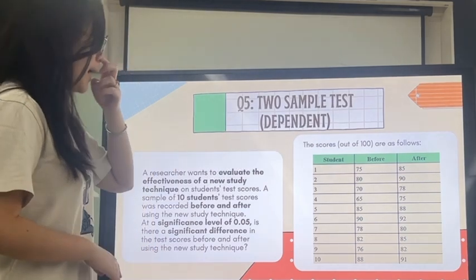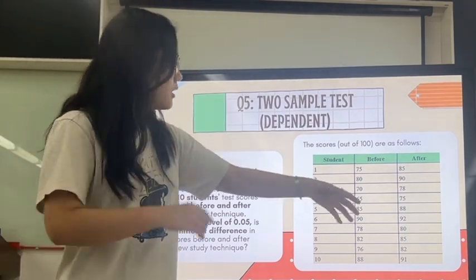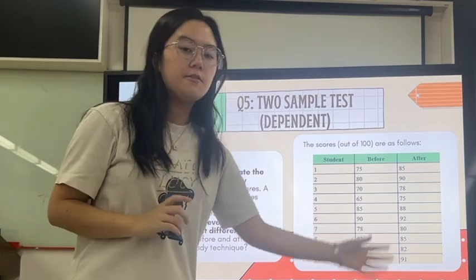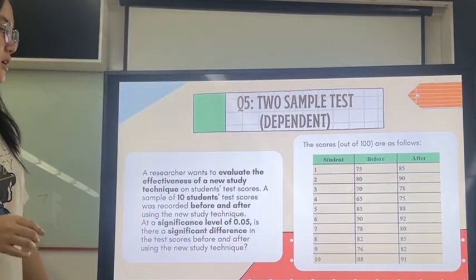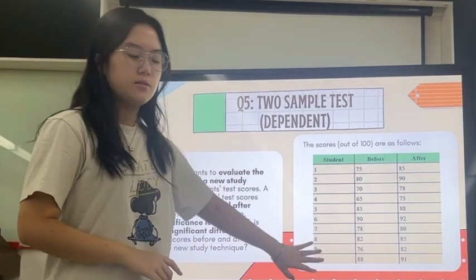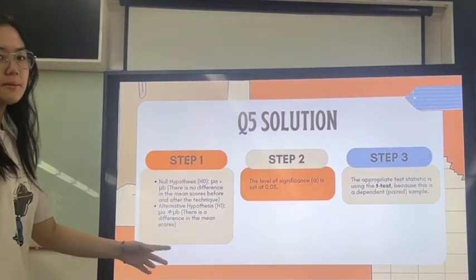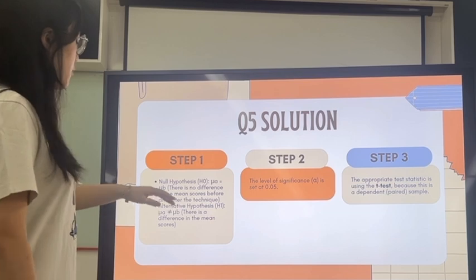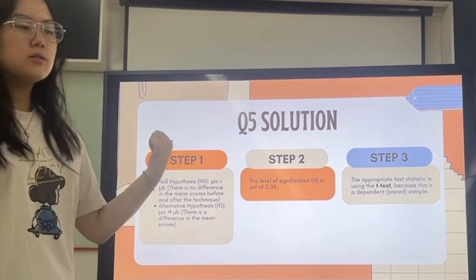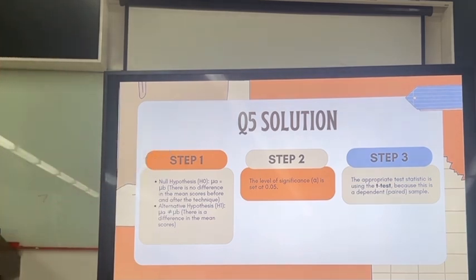question. Okay, so this is the scores before and after using the new study technique. And this is the students. Okay, next. First step, same with the others. Step 1 is deciding the null and alternative hypothesis.